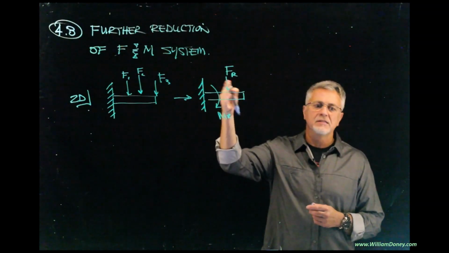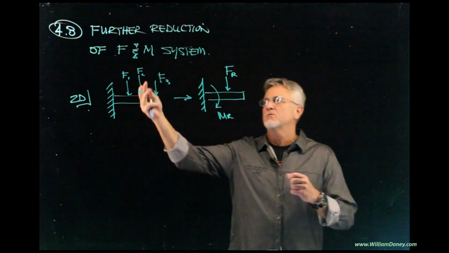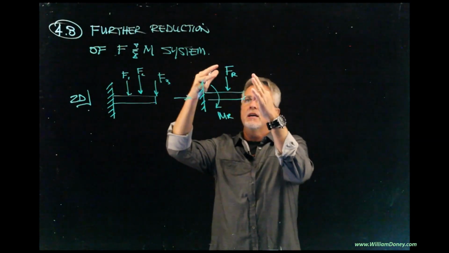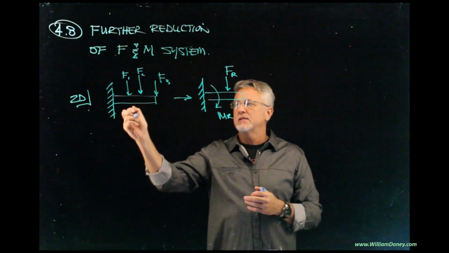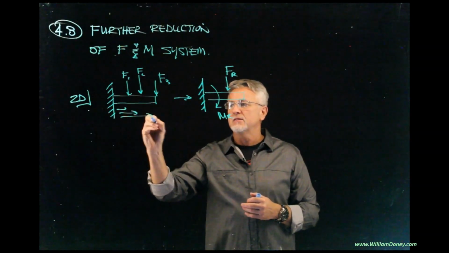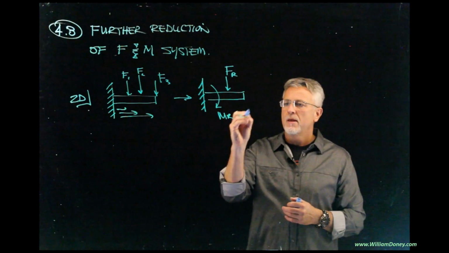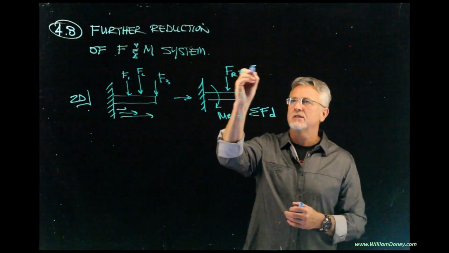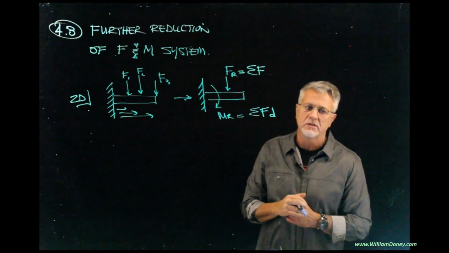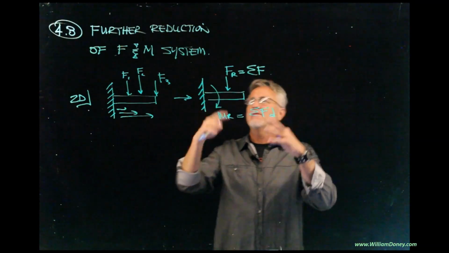Now that force doesn't necessarily have to be where I've drawn it. I just want to show that we're taking those forces into a resultant force, and because those forces act at these distances, we can put that into a resultant moment. So that's force times distance. This is going to be adding up all the forces. So that was really section 4.7.